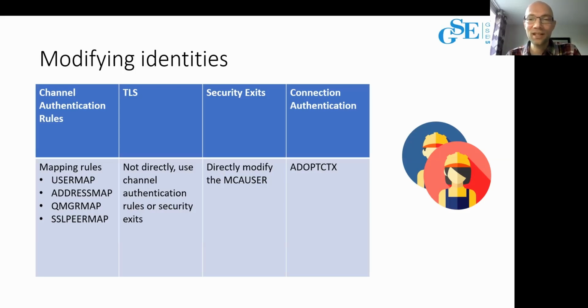So that's the user ID with the accompanying password that's specifically provided by the application on the MQCONNX call when it connects to the queue manager. Whether that should be adopted for the duration of the connection. So that will then get used as the MCA user if adopt context is set to true.